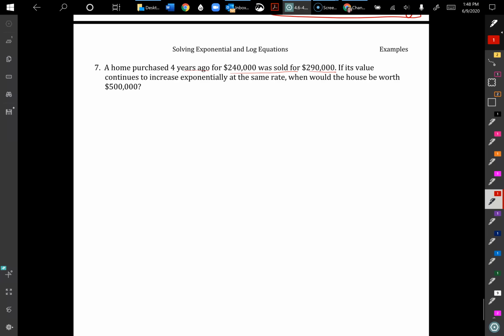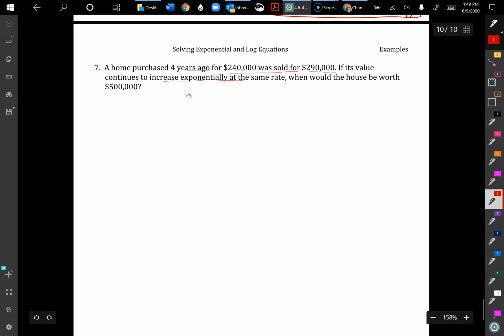If its value continues to increase exponentially at the same rate, when would the house be worth $500,000? Okay, so this could be done a couple of different ways. We could take the difference, divide by the original, and get 0.2083 would be your increase, or about a 21% increase.